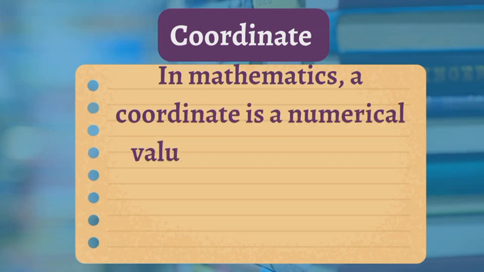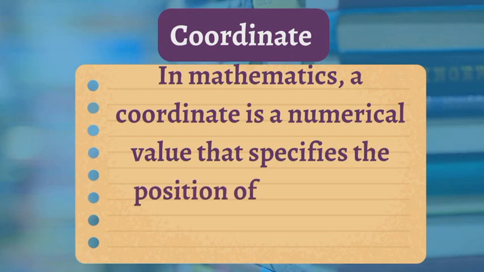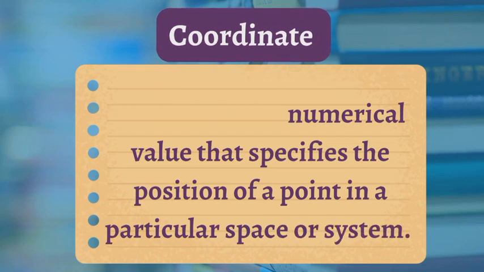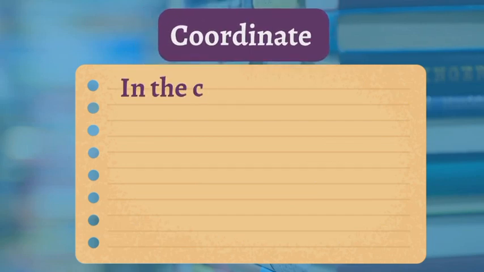In mathematics, a coordinate is a numerical value that specifies the position of a point in a particular space or system. Now let's look at this in a graphical context.